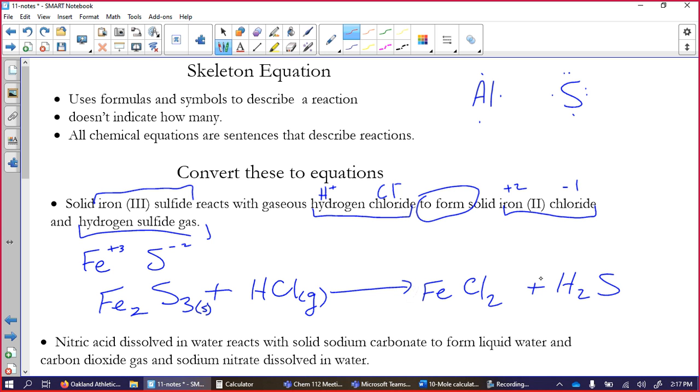Three sulfur is the easiest. 2 times 2 is 4 chlorine and 6 hydrogen, so that's a bit of an issue. This might not be balanceable because that's plus 3 and that's plus 2.